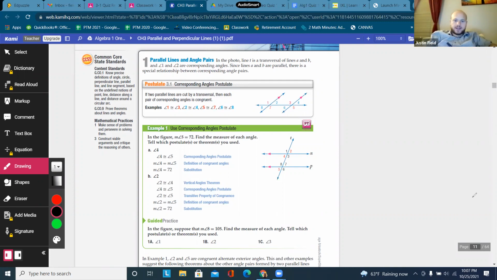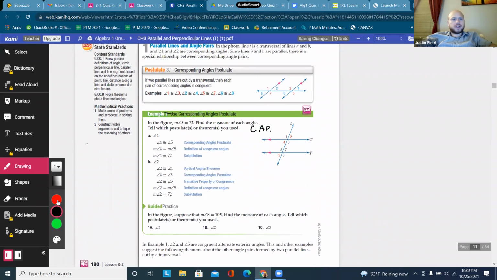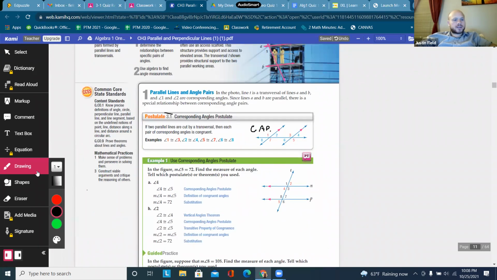Let's write that. And that says that the corresponding angles are congruent if the lines are parallel. Very important. Okay, the CAP. There we go.